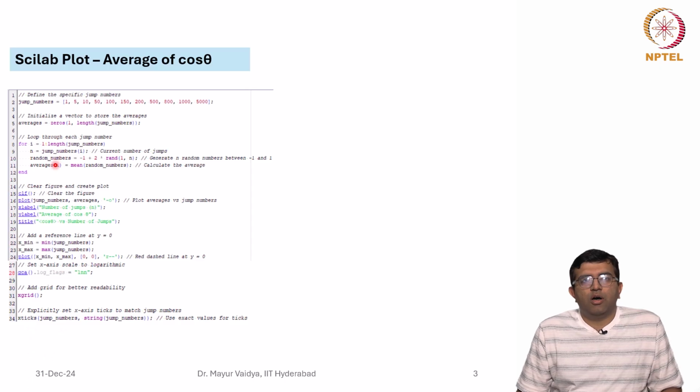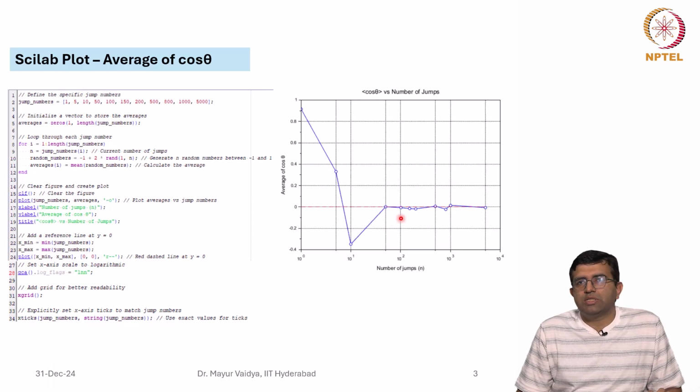Basically, this code generates random numbers, you can see between minus 1 and 1, which is the range of the cos theta. And then for different n values, that means different jump numbers, here you can see 1, 5, 10 up to 5000, we calculate the average of this cos theta. And then when you plot the average of cos theta versus the number of jumps, you will see that the plot looks something like this.